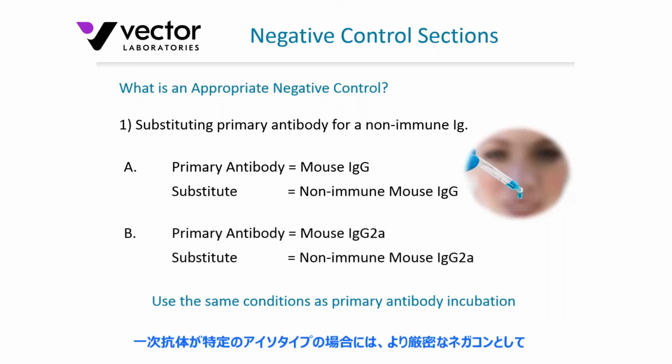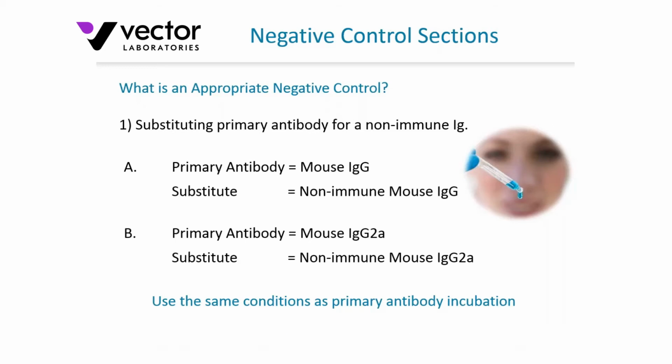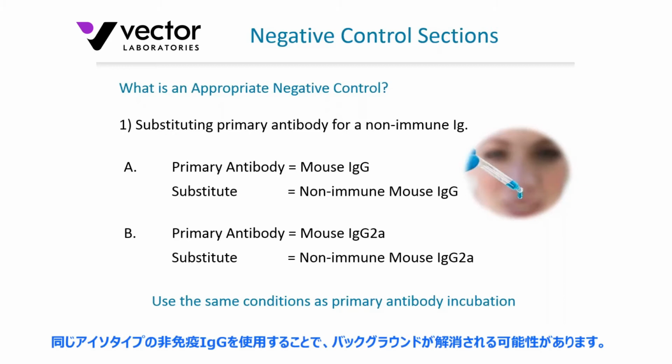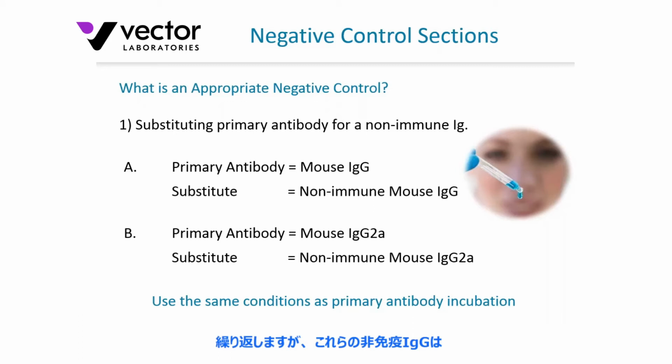Indeed, if it's something like a mouse IgG2A isotype, you could then use a more defined substitute like a non-immune mouse IgG2A. That'll eliminate all of the IgG1, 2B, etc. and give you more of a defined negative control and should hopefully clean up that trace background or toning that you might see with the example I used there in point A.